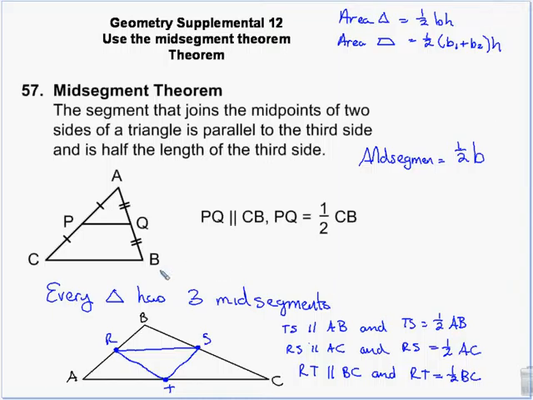Little side note, this length here is 1/2 of BC. Well, the midpoint is at the halfway mark. So this length and this length will all be the same. Does that make sense?